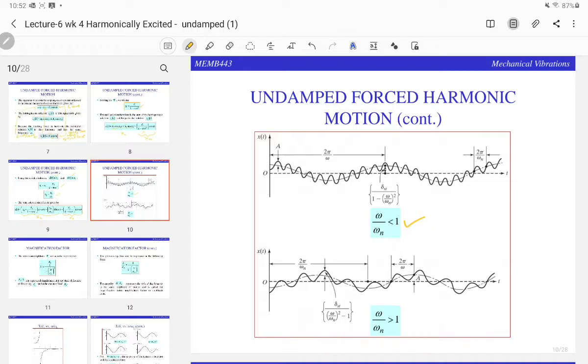As you can see, there is a difference between when omega over omega n is less than 1 and greater than 1. The inner part, which is 2 pi over omega n, you can see these waves move at smaller intervals than the second one, when omega over omega n is greater than 1.